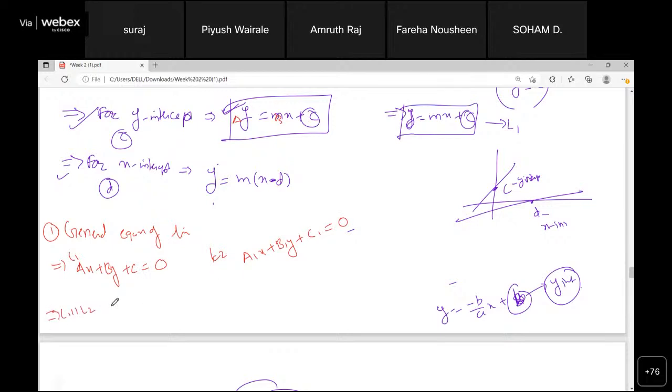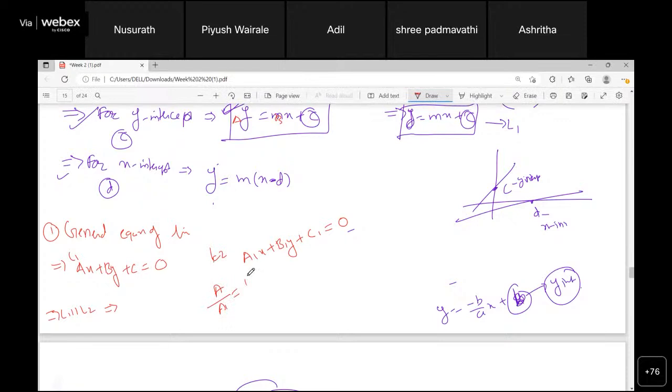Slopes are equal: m1 equals m2. Minus a upon b is equal to minus a1 upon b1, so a into b1 should be equal to a1 into b. So the ratio of the x coefficients, a by a1, must equal b by b1. This is the necessary condition for lines to be parallel.